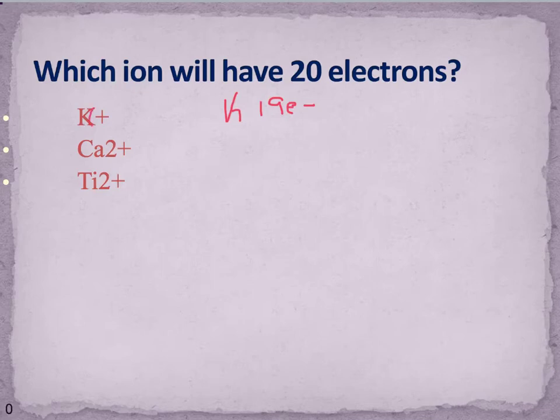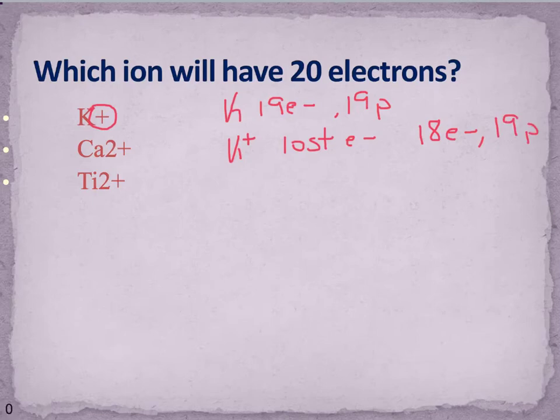In order for it to become K+, that means it's losing electrons because I'm going to have 1 more proton than I have electrons. So K+ has lost an electron and therefore will only have 18 electrons, because it will still have 19 protons in both the neutral atom and the ion. So in order to have a +1 charge, I have to have 1 more proton than I have electrons.